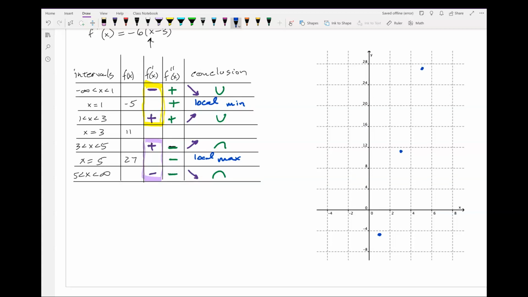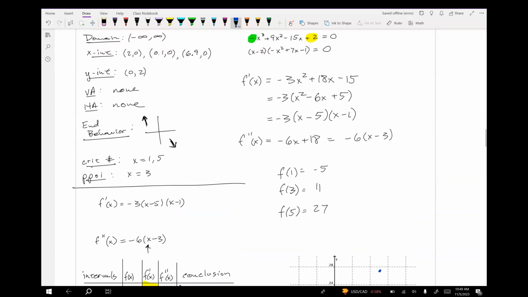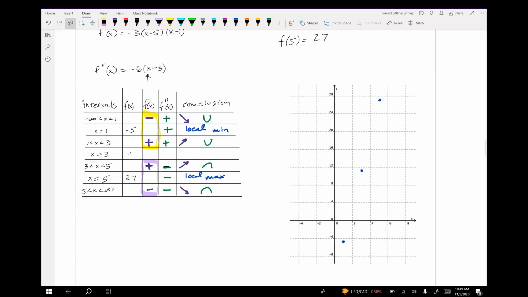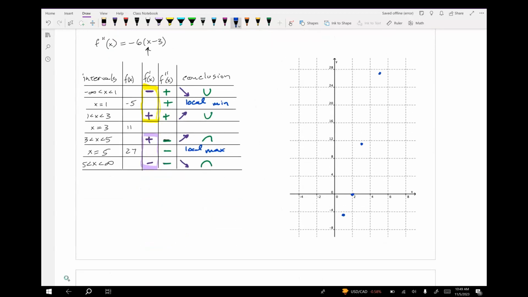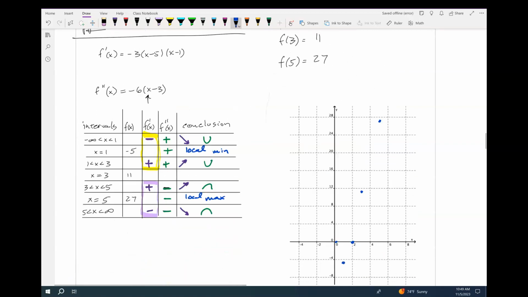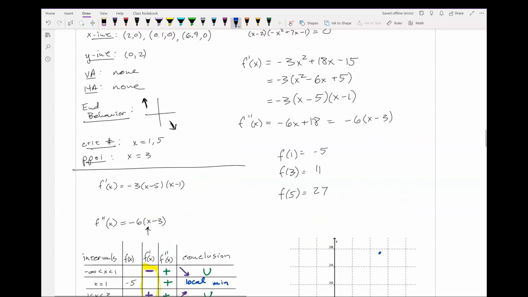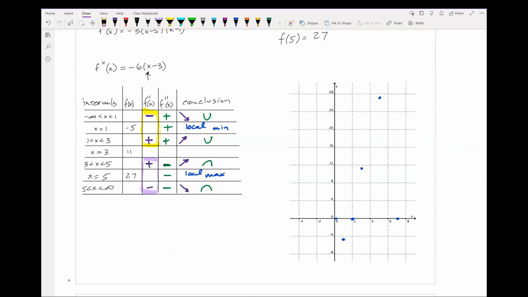Then we also have some x-intercepts from earlier, which were at 0.1 and 6.9. So we have an x-intercept here at 0.1, which is really close to 0 there. And then, what was it, 6.9? 6.9, so we'll put that maybe about there. And then we also have a y-intercept, which is at 0.2. So that's maybe about right there.